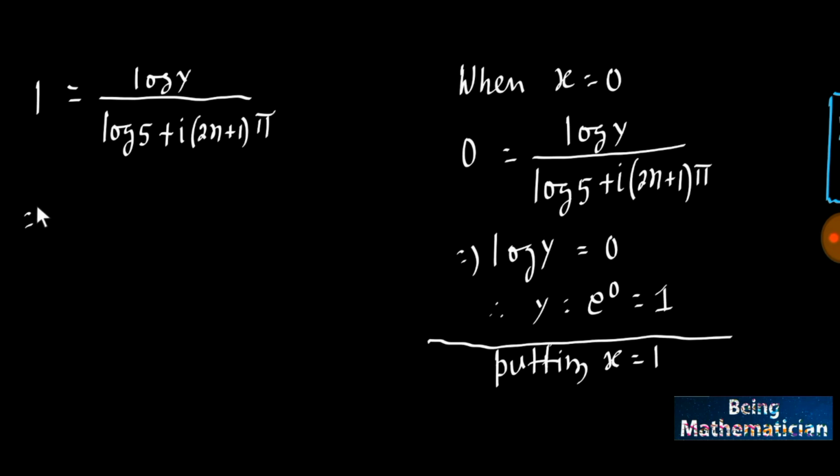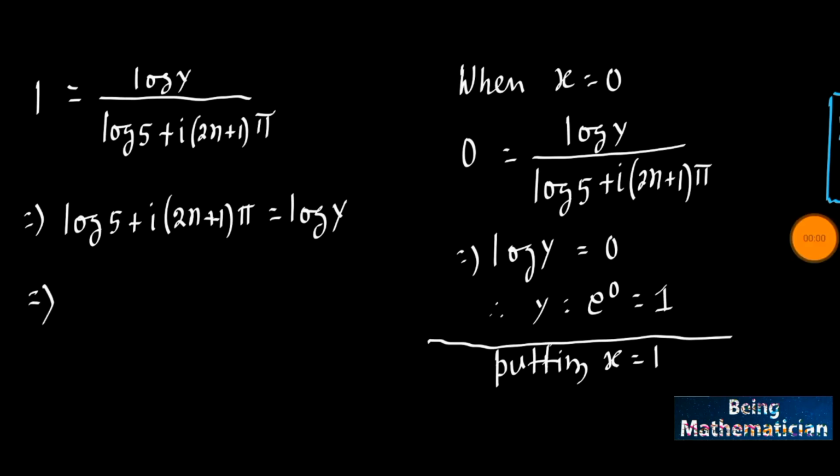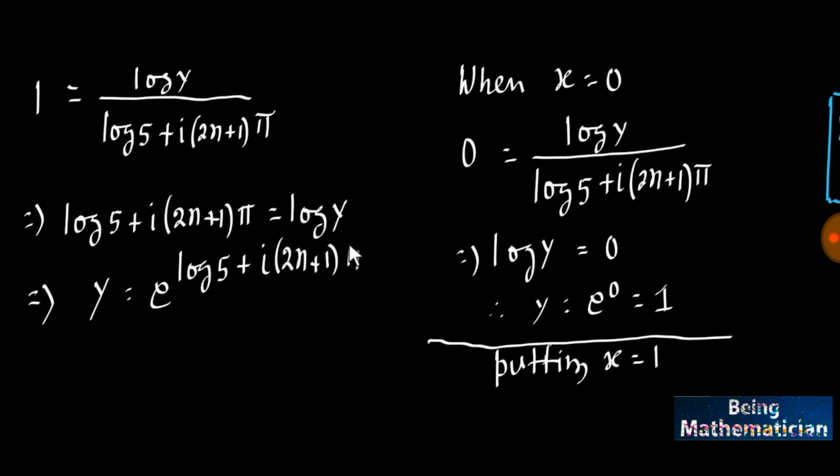So log 5 plus i into (2n plus 1) into pi equal to log y. So y equal to e to the power (log 5 plus i into (2n plus 1) into pi).